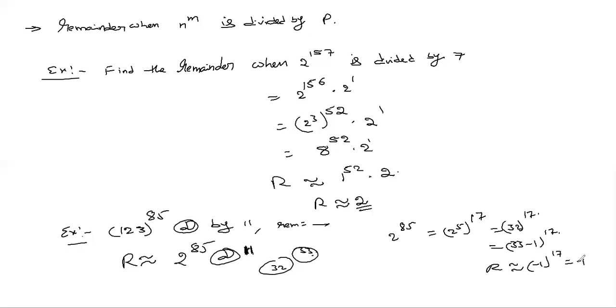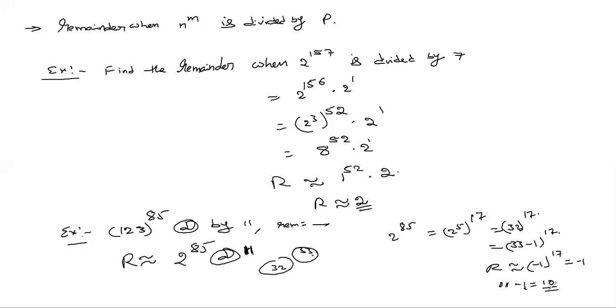So whenever you are getting negative remainders, which is impossible in divisions, take the divisor 11 and subtract this negative, meaning you need to add this negative quantity. Minus 1 you need to add, so it will be 10.